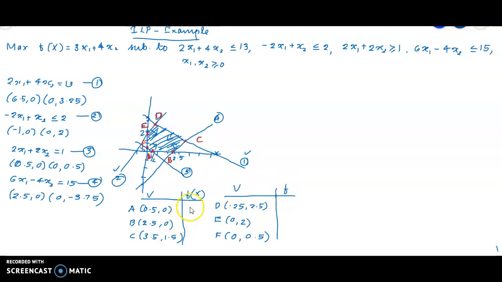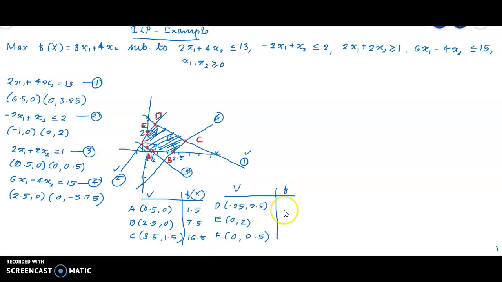First we have 3x1, 3 into 0.5, 1.5. Here 3 into 2.5 is 7.5. Here it is 3 into 3.5 plus 4 into 1.5, that is 16.5.